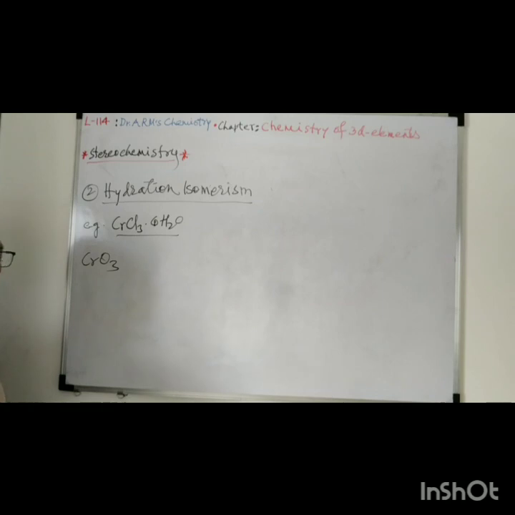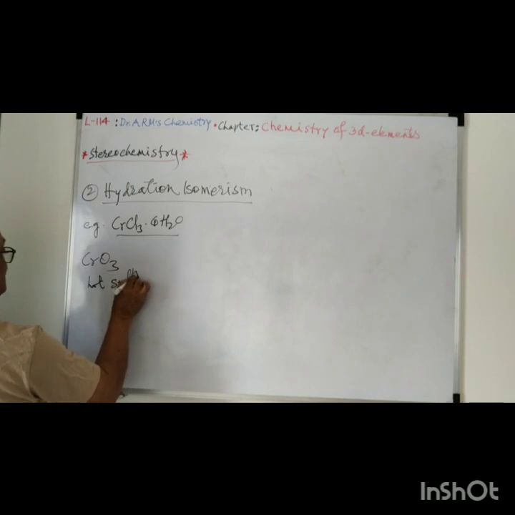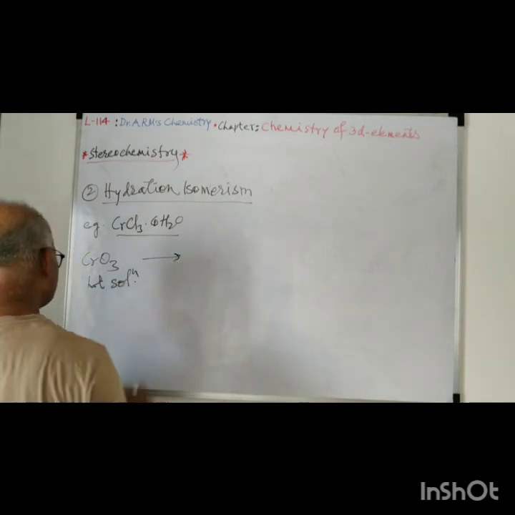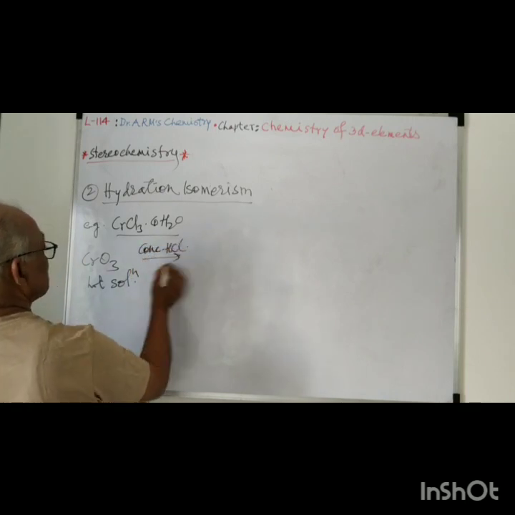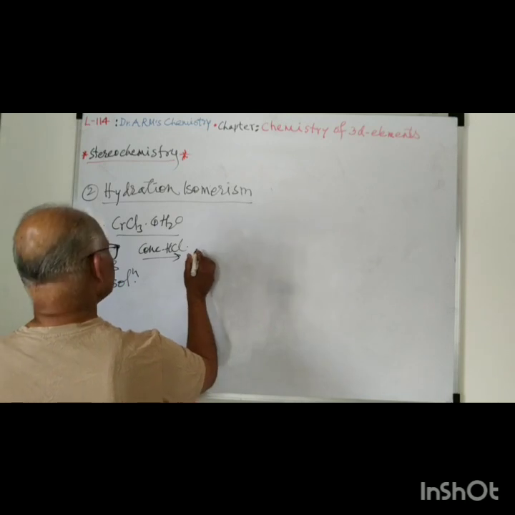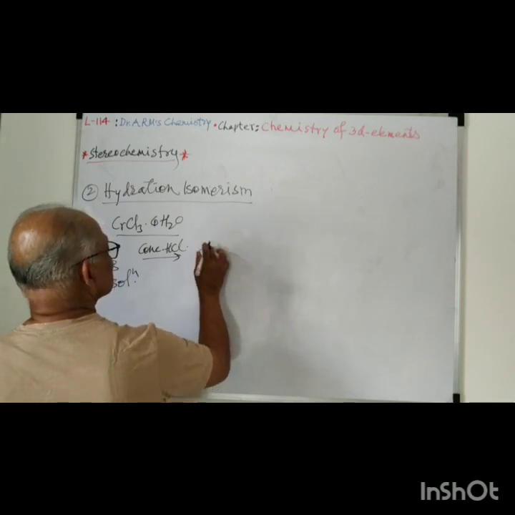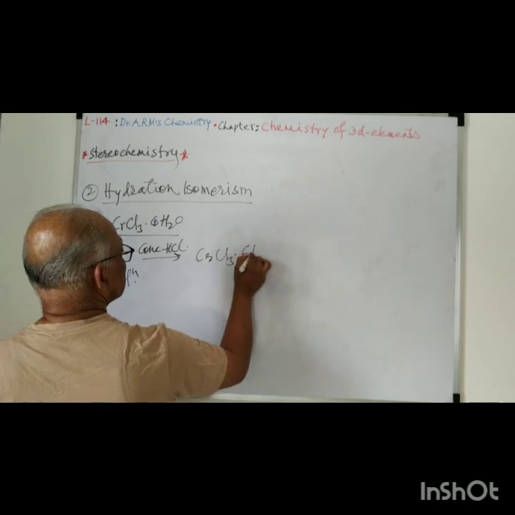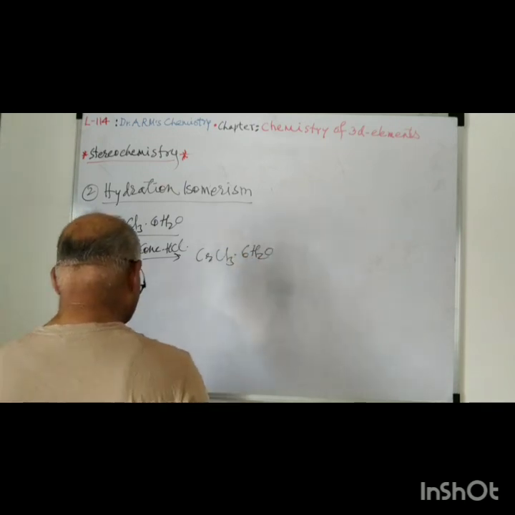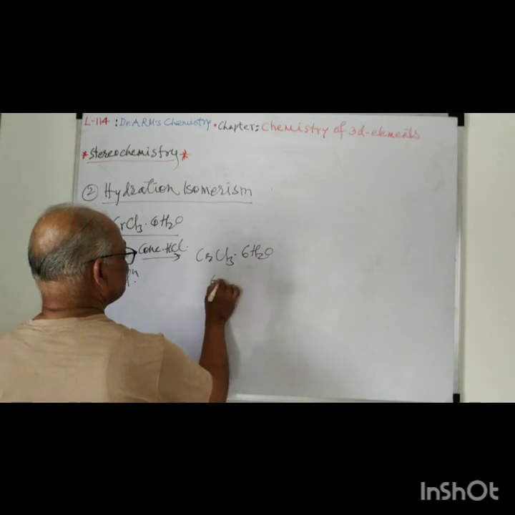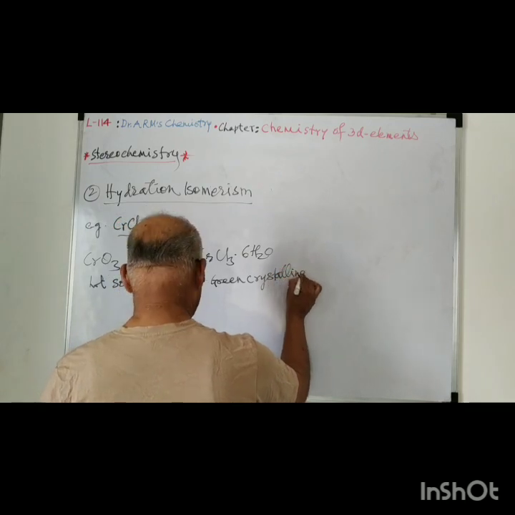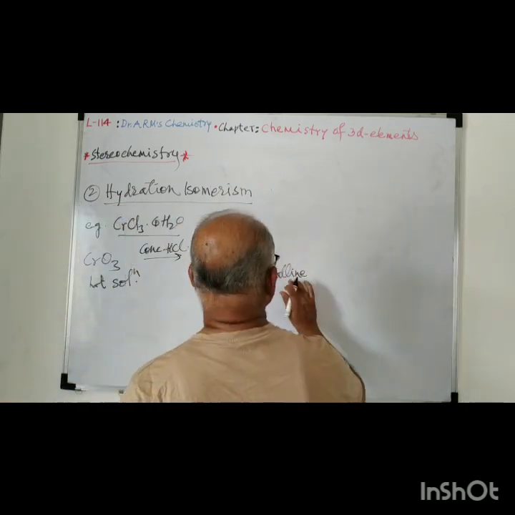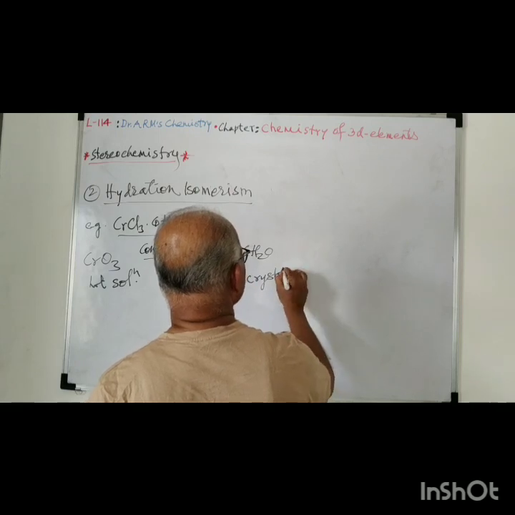If we take the oxide of chromium, CrO3, in a hot solution, and treat it with concentrated HCl, it gives the chloride CrCl3·6H2O. This is green crystalline; green crystals are obtained.